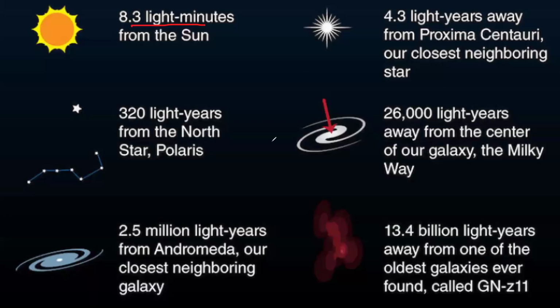So how can we convert light years into meters? As we know, 1 light year is equivalent to 9.5 into 10 to the power 15 meters. So Proxima Centauri, which is the closest neighboring star to us, is 4.3 light years away.